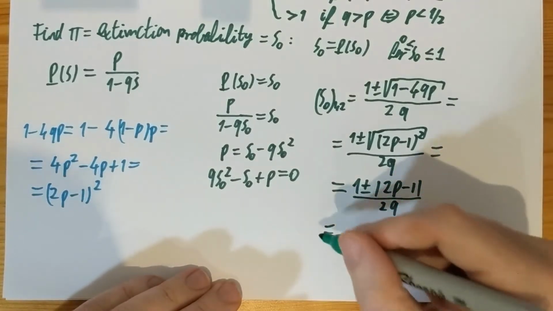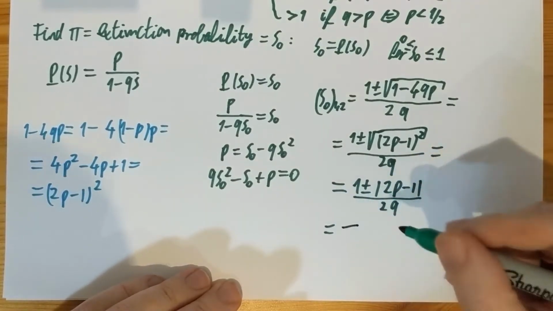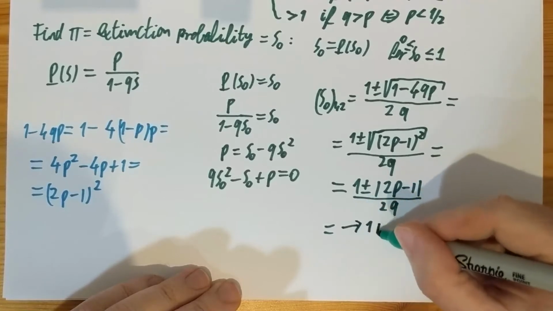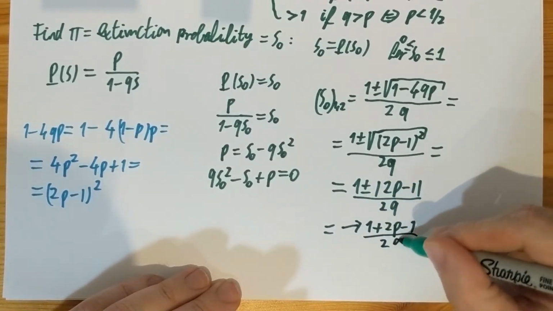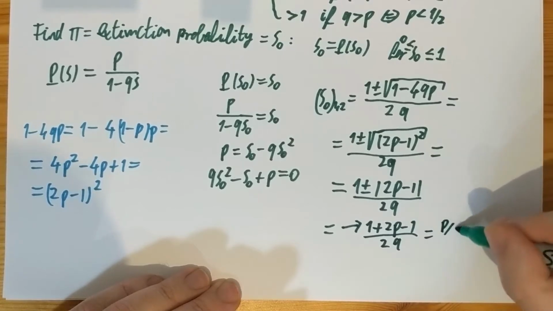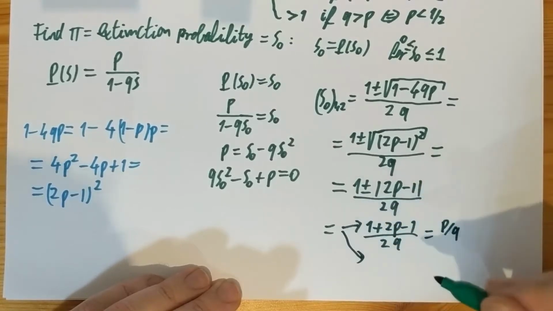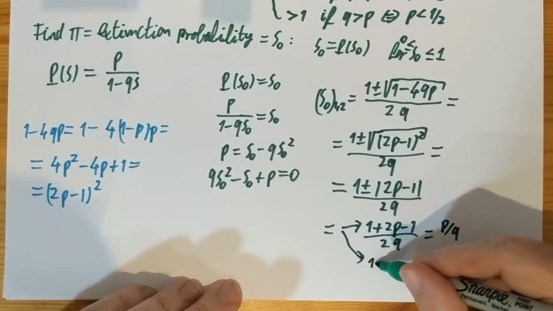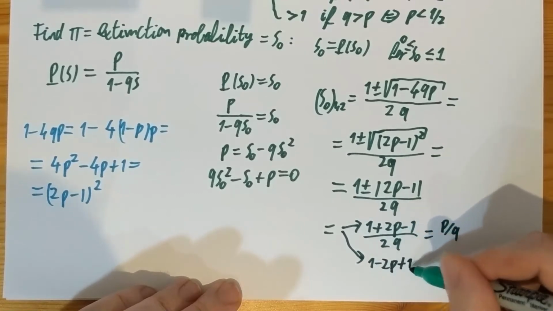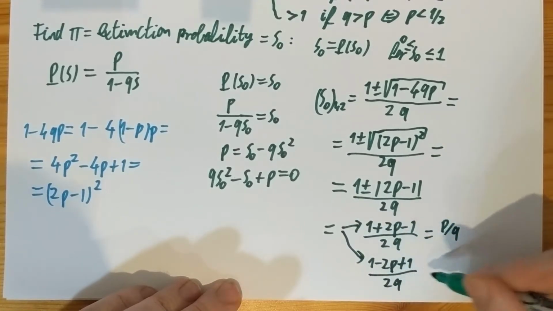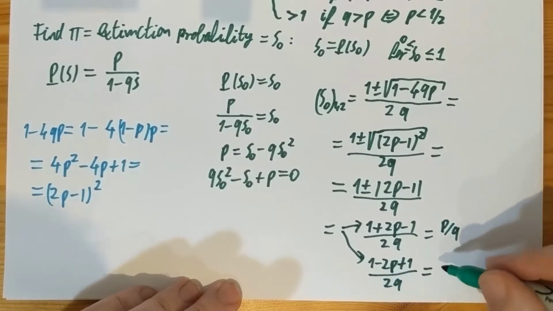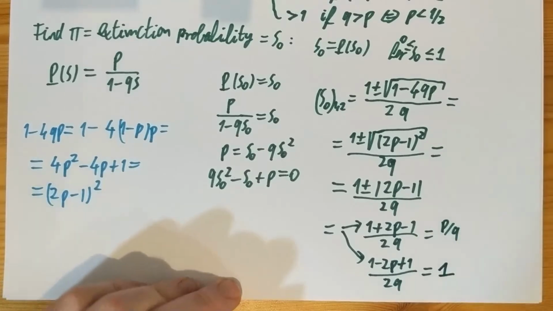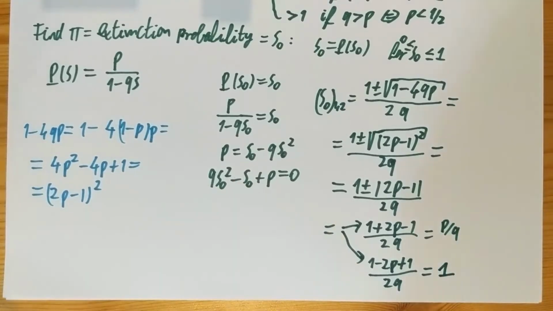Okay, so it's either 1 plus 2p minus 1 over 2q, which gives me p over q, or it's 1 minus 2p minus 1 over 2q, which is 2 minus 2p, which is twice 1 minus p, which is twice q over 2q, so the whole thing is 1.